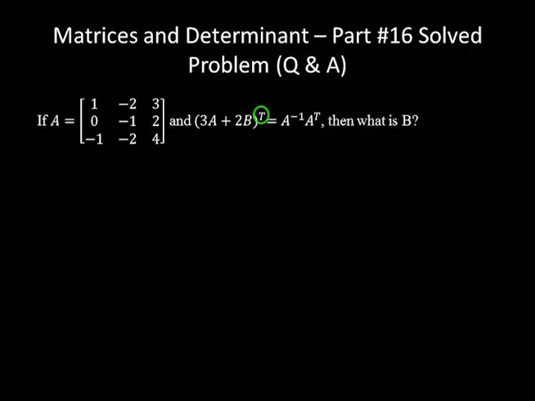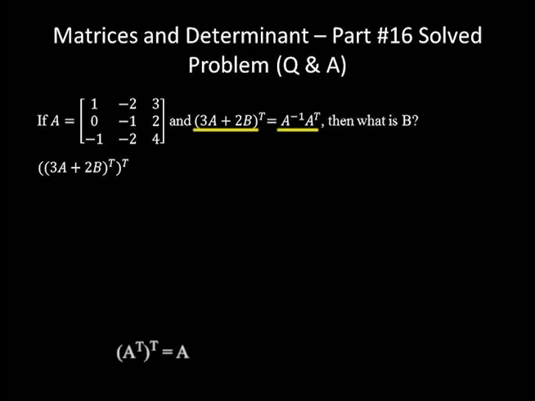In part 7 of the matrix and determinant series, we learned that (A transpose) the whole transpose is equal to matrix A. So to remove the transpose from the left-hand side expression, we have to take the transpose of that same expression, because transpose of transpose gives us the original matrix.